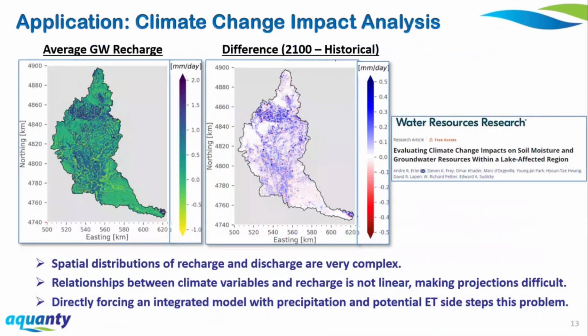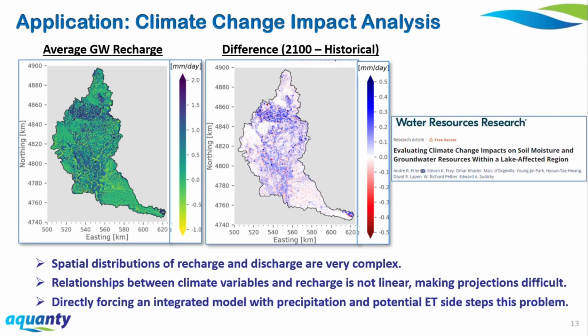So again, I mentioned in the previous slides, one of the most requested applications for HGS models is climate change impact analysis, either for groundwater or surface water or both. This is an example of modeled climate change impacts for the Grand River watershed in southern Ontario.